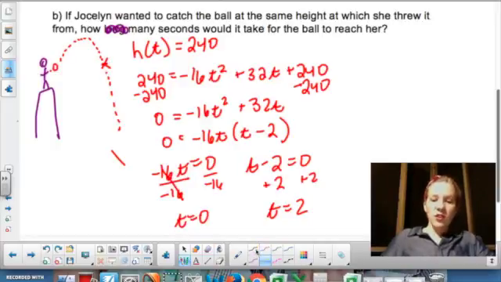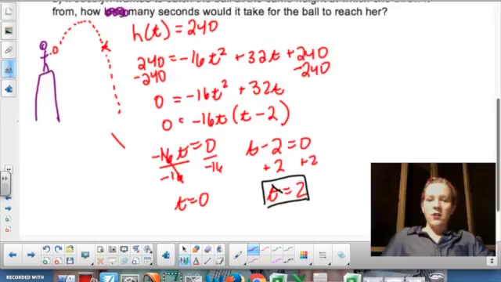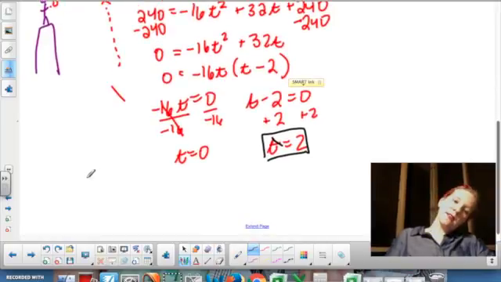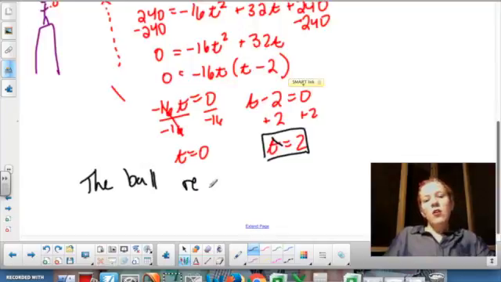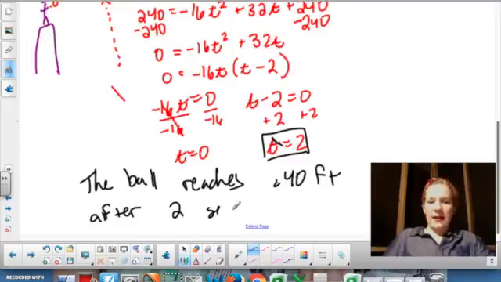So the solution that I really want to report is t equals 2 seconds. This one is not really helpful. So then my solution statement is the ball reaches 240 feet after 2 seconds.